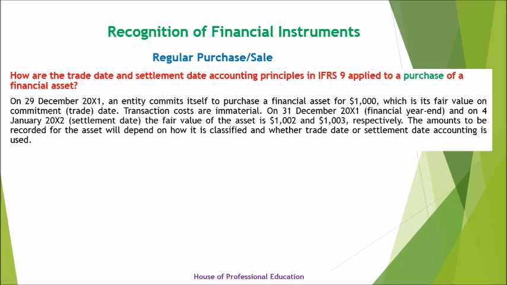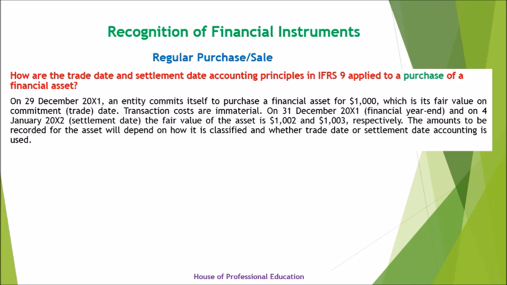Transaction costs are immaterial. On 31st December 20x1 financial year end and on the 4th January 20x2 settlement date, the fair value of the asset is $1002 and $1003 respectively. The amount to be recorded for the asset will depend on how it is classified and whether TD or settlement date accounting is used.